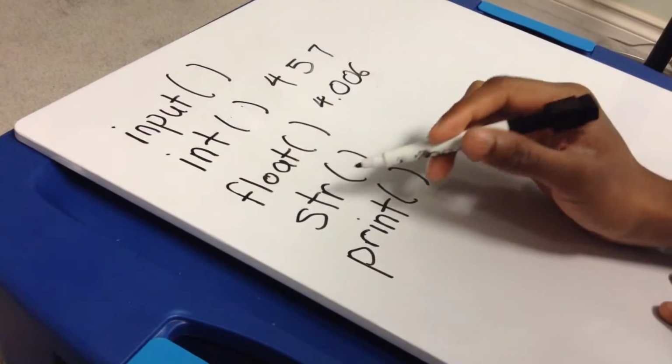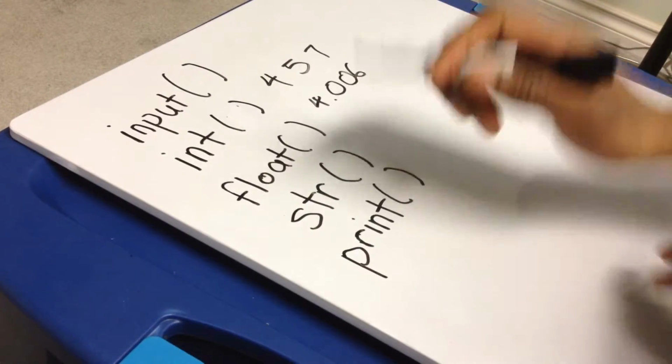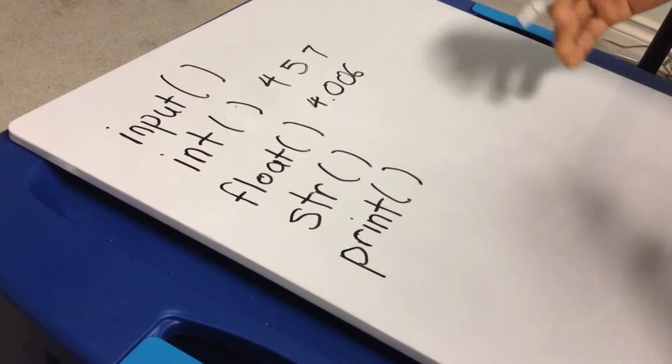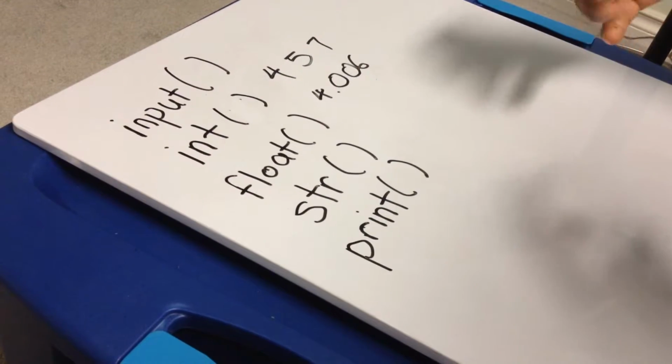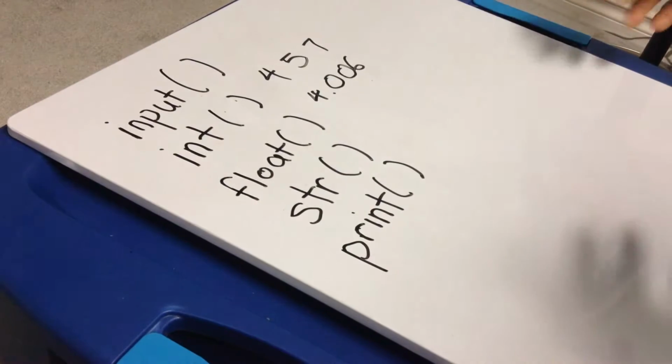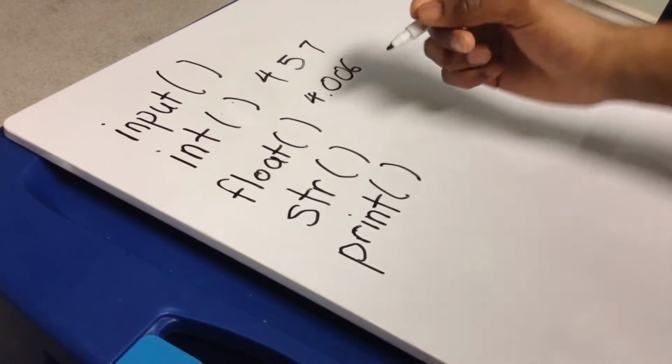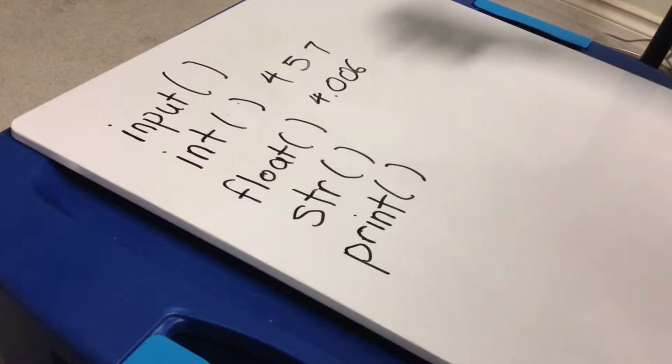Okay, now we're hitting the string function, represented by str, and this function is very complex, and I will make more in-depth videos about these functions and what you can do with them. But basically, what a string is, it can be anything.